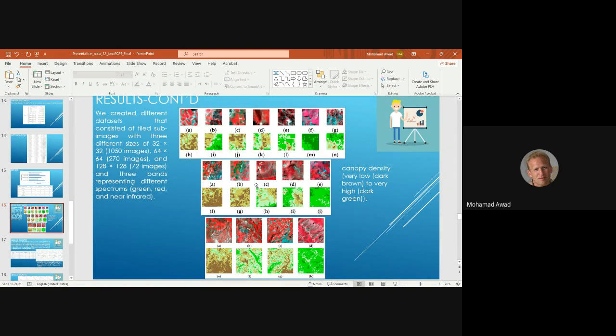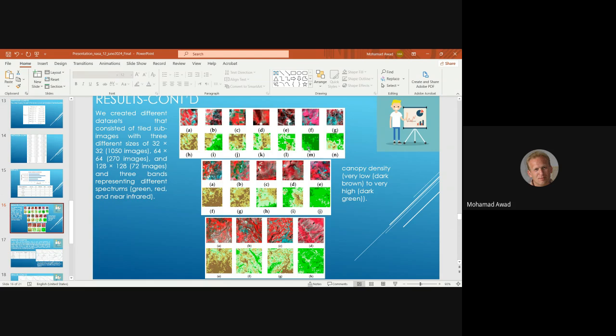The three created data sets, as I said before: we had a data set of 32 by 32 sub-images, which are canopy density sub-images.